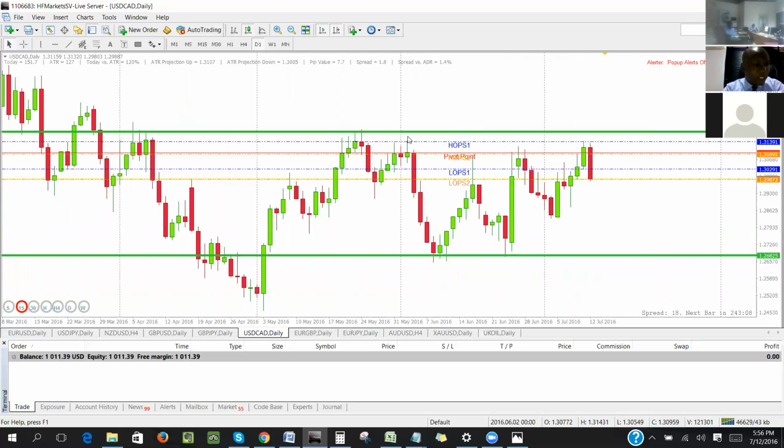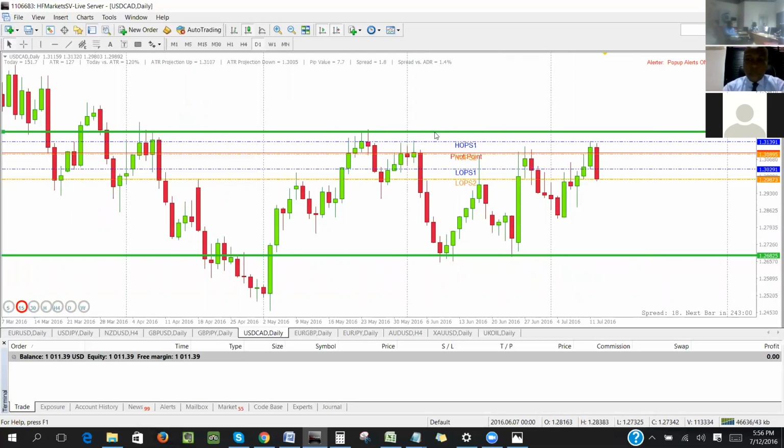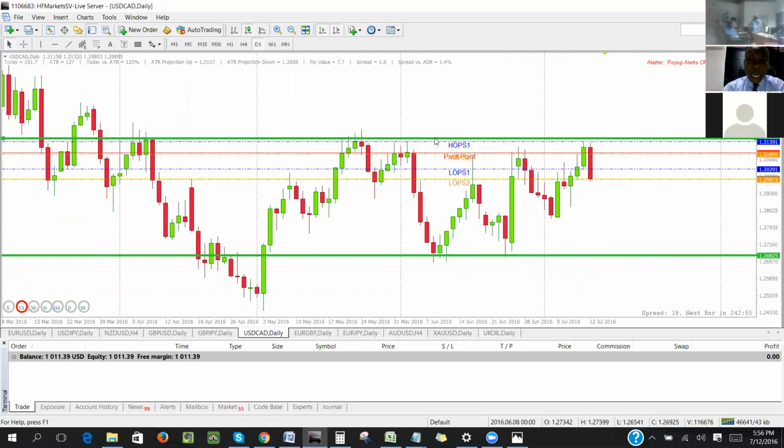Let me zoom it again. We can mark this level. I can make adjustment if I want. I can mark this level, this place, and this place, and I can mark this place.